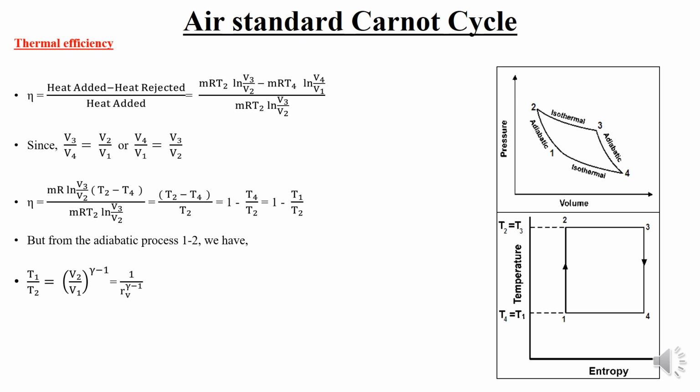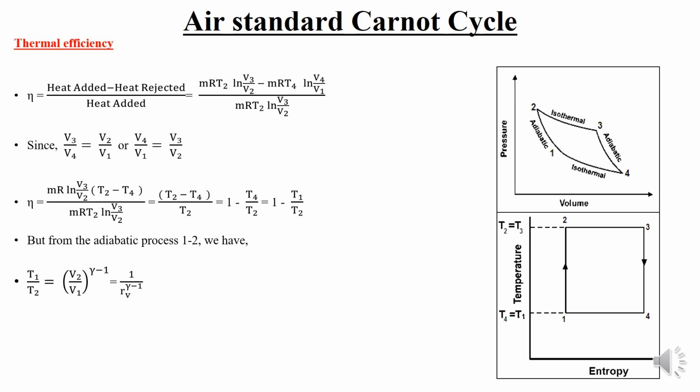So you have to remember the temperature volume relation, that is T1 by T2, that is also equal to V2 by V1 to the power gamma minus 1, and V1 by V2 is nothing but your compression ratio, denoted by RV. So V2 you bring to the denominator, so V1 by V2 is replaced by RV.